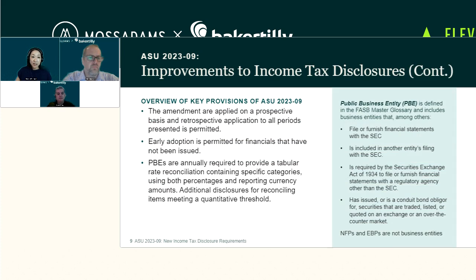All right. So the standard can be applied on a prospective or retrospective basis. If you're applying this on a prospective basis, then you'll have two differently formatted tables for the current year and the two prior periods. I was on the webcast on this topic earlier, and it seems like more companies are now considering retrospective application than we, tax or accounting people, initially anticipated.